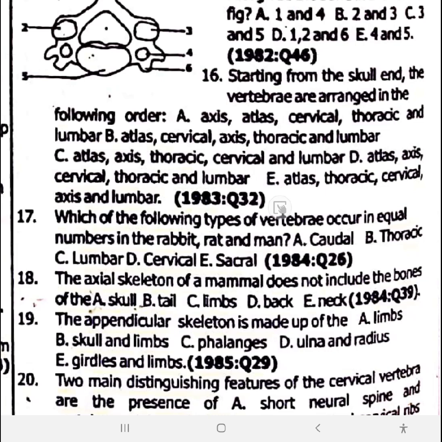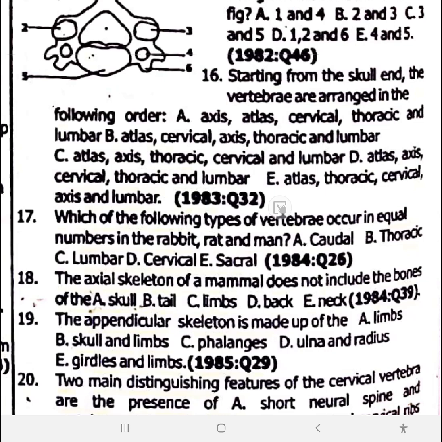For thoracic, man 12, rat 13, rabbit 12. For lumbar, man 5, rat 6, rabbit 7. For sacral, man 5, rat 4, rabbit 3 to 4. For caudal, man 4, rat 27 to 30, rabbit 16. Total, man 33, rat 57 to 60, rabbit 45 to 46.